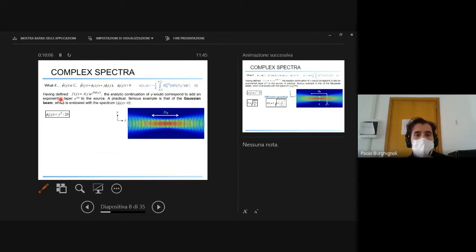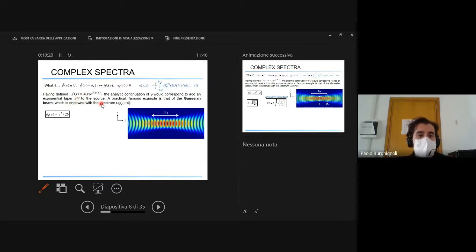If you assume this generally complex phase distribution, the imaginary part that you have added to this phase contribution acts as an exponential taper to the amplitude distribution of this source.